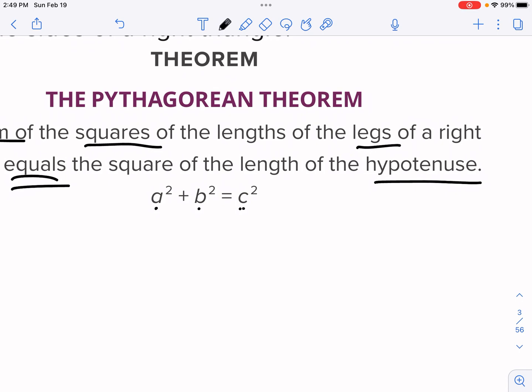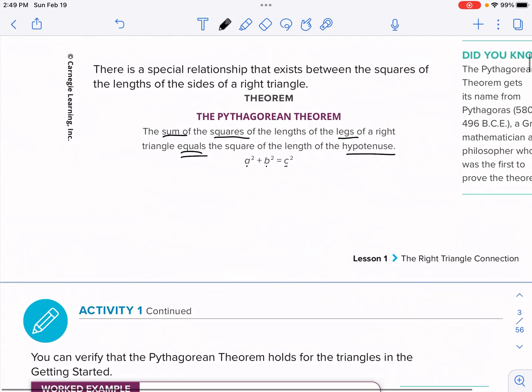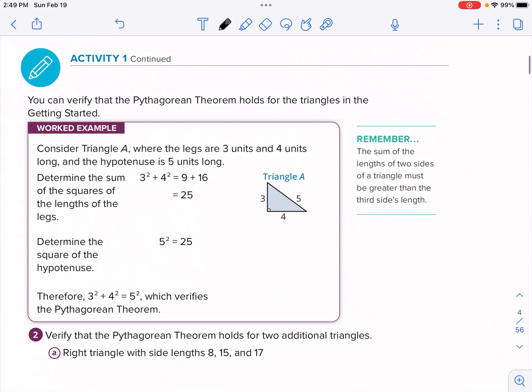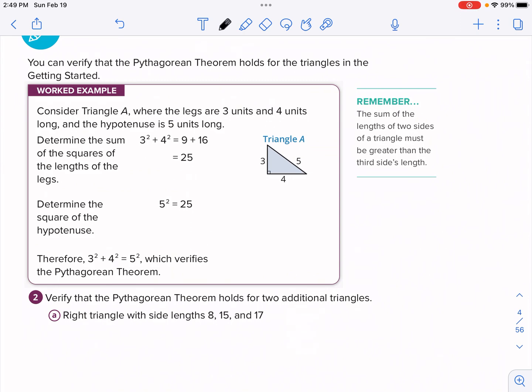You'll definitely get a lot of practice with this, and you'll hear this quite a bit. If you ask any algebra student what the Pythagorean theorem is, 99% of the time I can guarantee that they'll say that correct formula.